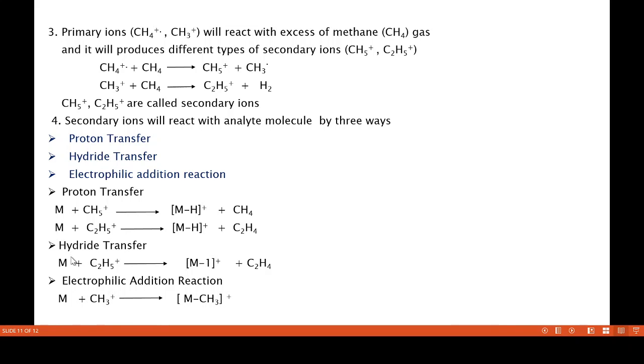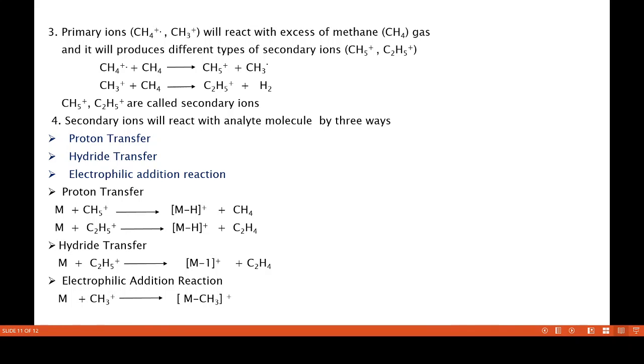That means one hydrogen is transferred from this analyte molecule to the secondary ion, so one less hydrogen is obtained, and at 24 we get the ion peak. This hydride transfer generally takes place in carboxylic acids and alkanes. This is about the hydride transfer.